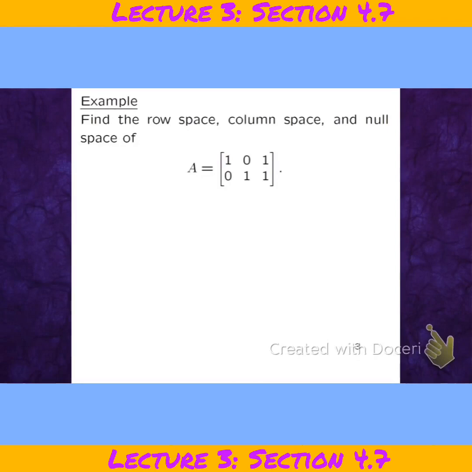Alright, so let's do our first example. They ask us to distinguish between the row space, column space, and null space. Here we're given a matrix and we are asked to find the row space, the column space, and the null space. So what is the row space?